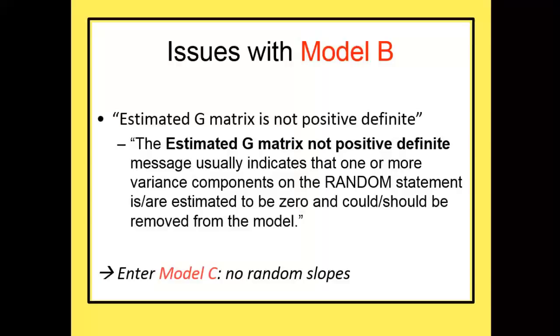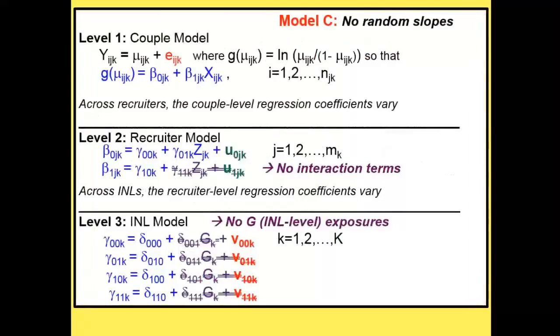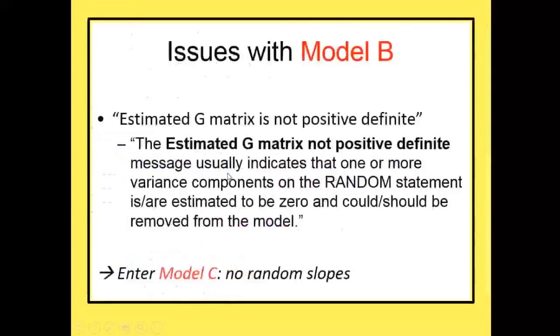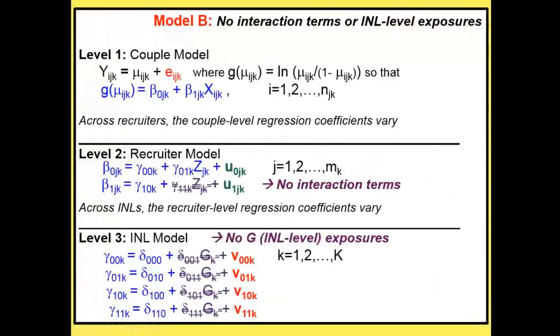Enter Model C, no random slopes. Here's Model C, okay? Model C got rid of the Z and the U. I guess the other one got rid of the Z, but didn't get rid of this U. This was a random slope.